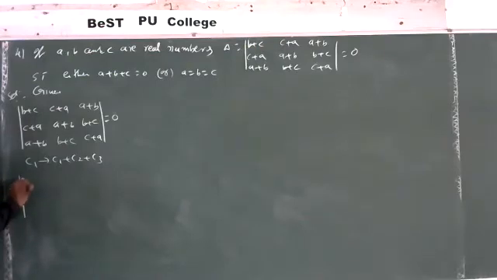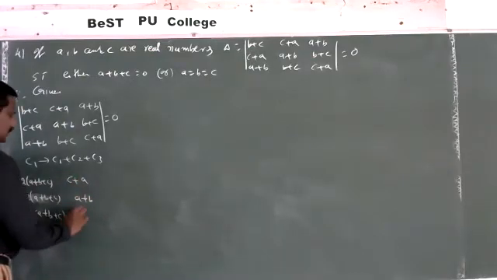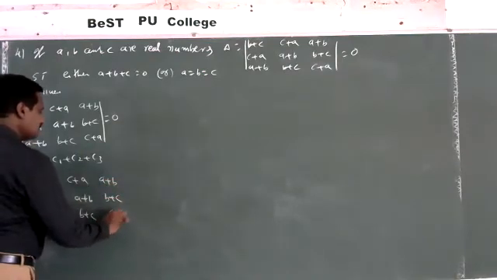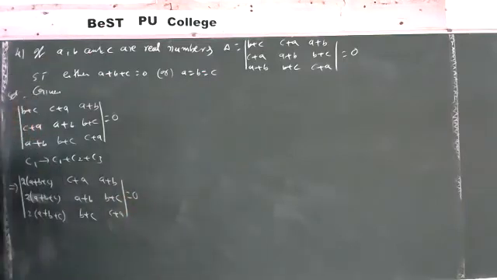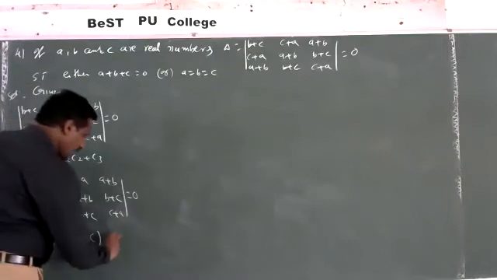This implies the determinant of 2 into a plus b plus c, c plus a, a plus b; 2 into a plus b plus c, a plus b, b plus c; 2 into a plus b plus c, b plus c, c plus a equal to 0. From this we can take 2 into a plus b plus c common.